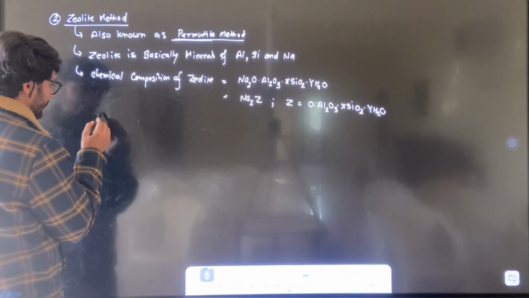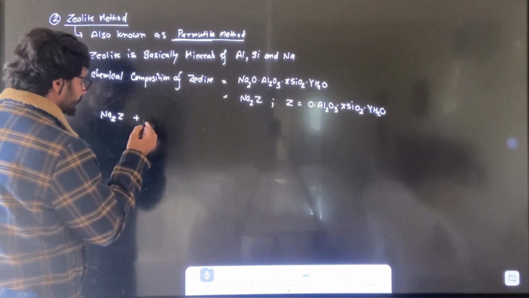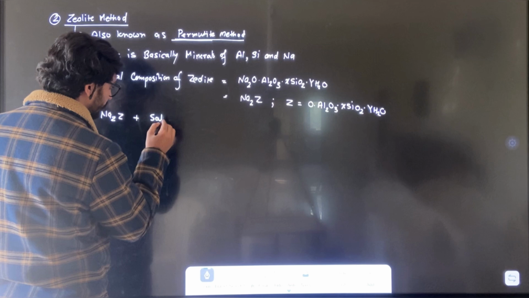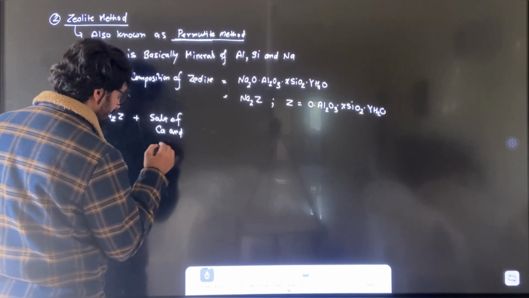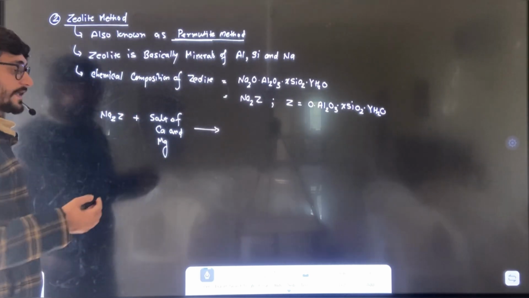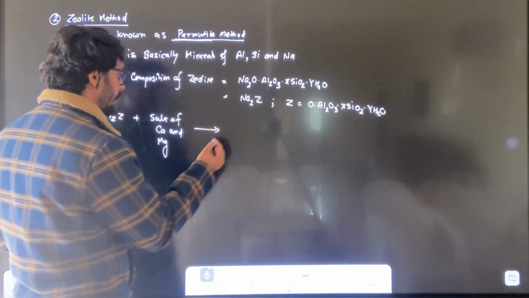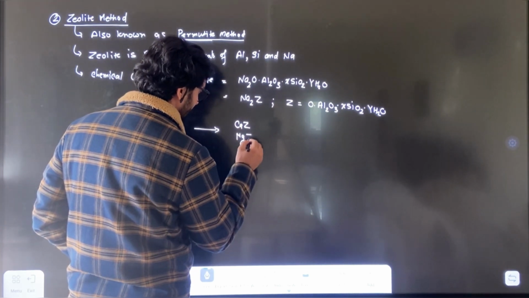When the zeolite, Na2Z, reacts with salts of calcium and magnesium, then zeolite replaces the calcium and magnesium and forms calcium zeolite and magnesium zeolite, right?